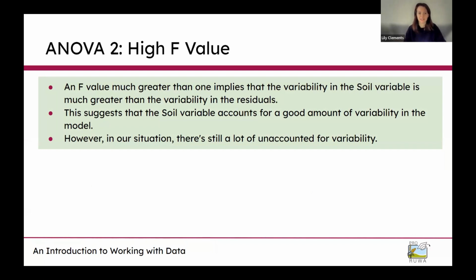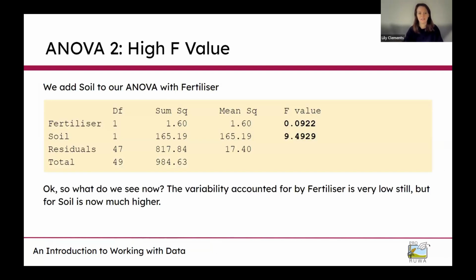This suggests that the soil variable accounts for a good amount of variability in the ANOVA. However, in our situation, there's still a lot of unaccounted for variability. We look back at this, and we see that roughly 80% is still unaccounted for.